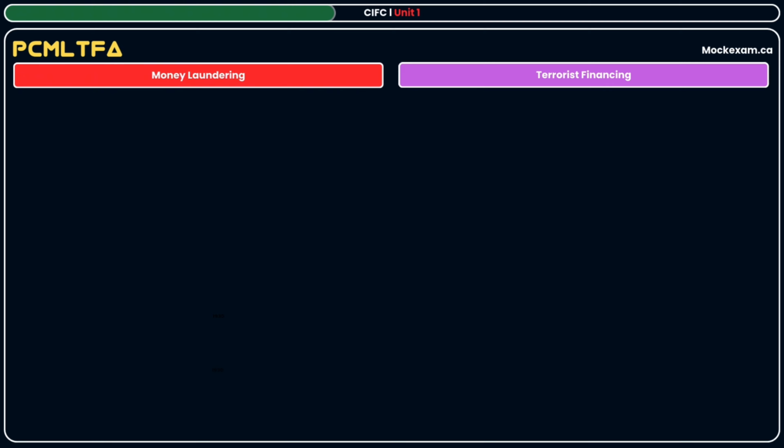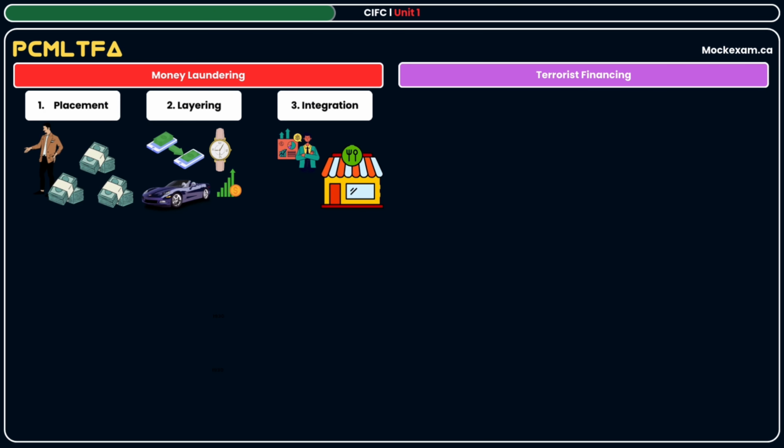What's the process? It has 3 steps. What are the steps? Placement, layering, and integration. You don't need to memorize these steps, okay? I'm just saying it because you have to know the process behind money laundering. Let's elaborate these steps with an example. Let's say a drug dealer makes a lot of illegal cash, okay? So placement.